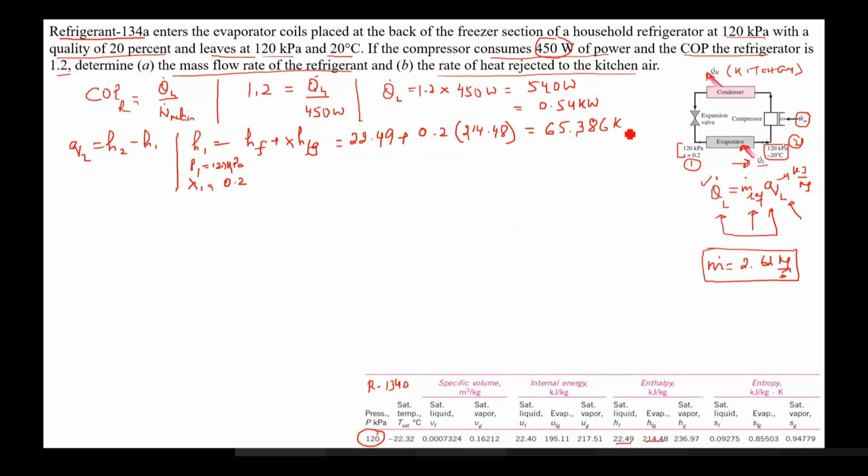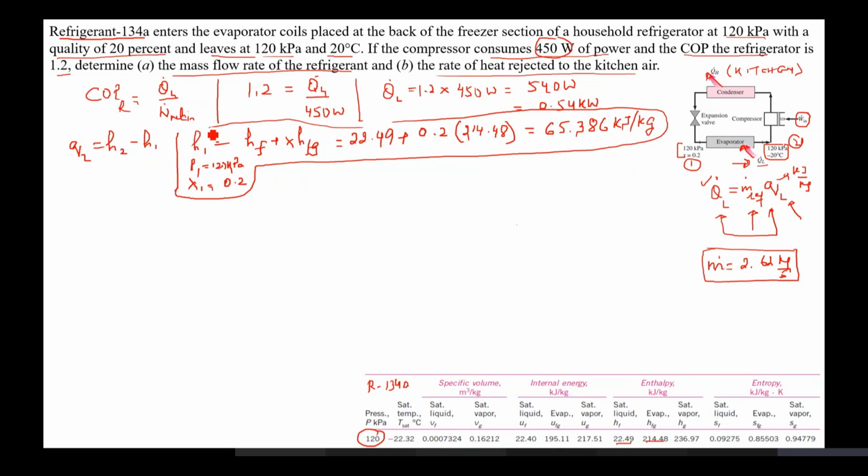Yes, sir. All right. This was the easier part, where you had to find out the enthalpy of the inlet state, or the state at which refrigerant is entering the system. The problem comes now for state 2.